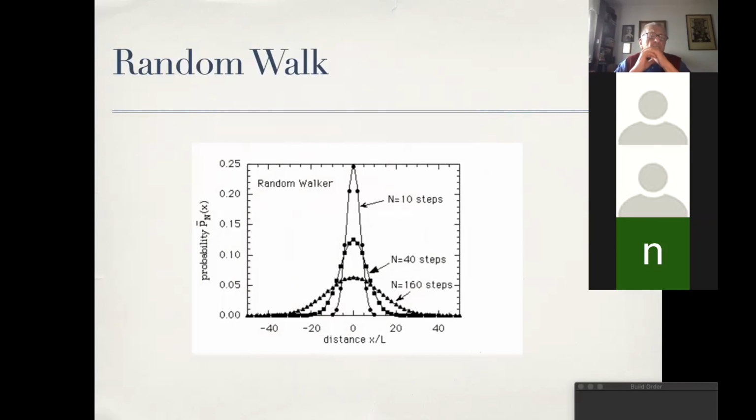This is a picture which shows how the probability distribution of covering a distance x within n steps looks depending on the number of steps. I put the sailor initially on the bar labeled 0. So in the n steps, the probability of a random walker is peaked around the bar. On average, he doesn't move from the bar, but he goes back and forth between these two places.